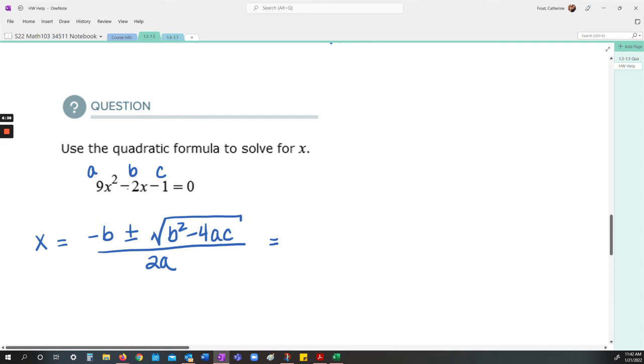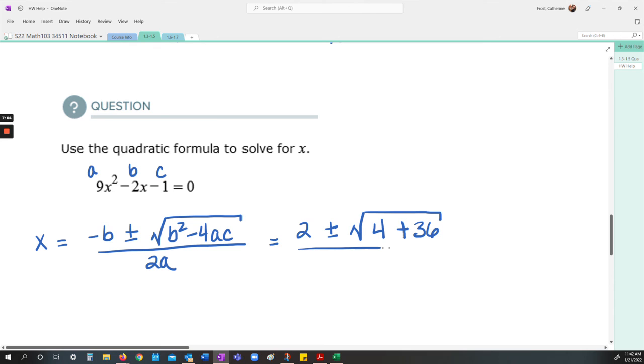So b is negative 2, so negative 2, I'm going to go ahead and write positive 2. So I'm doing this one a little faster. Negative 2, the quantity squared is 4, and then minus 4ac, so 4 times 9 times a negative 1. Okay, 4 times 9 times negative 1. I think we're going to end up with a plus because we have 2 negatives and then a 36.